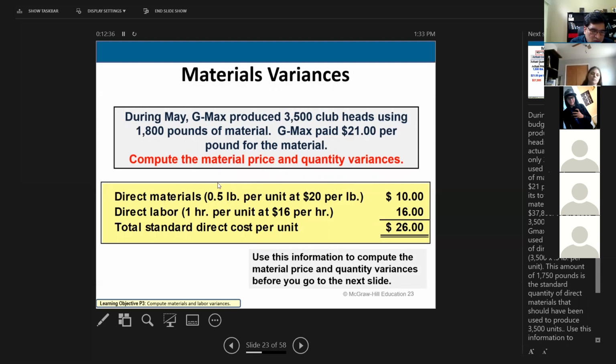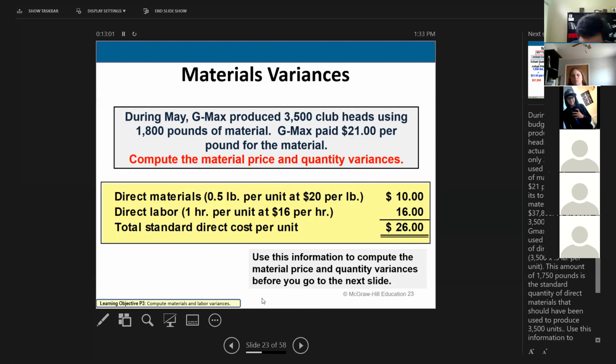So what you need to do is compute the material price and the quantity variance. Any question on this information, please?